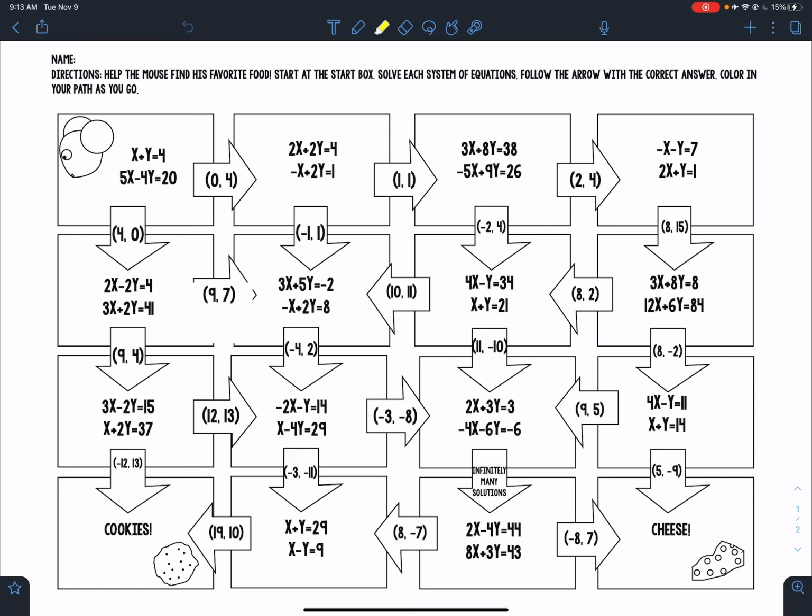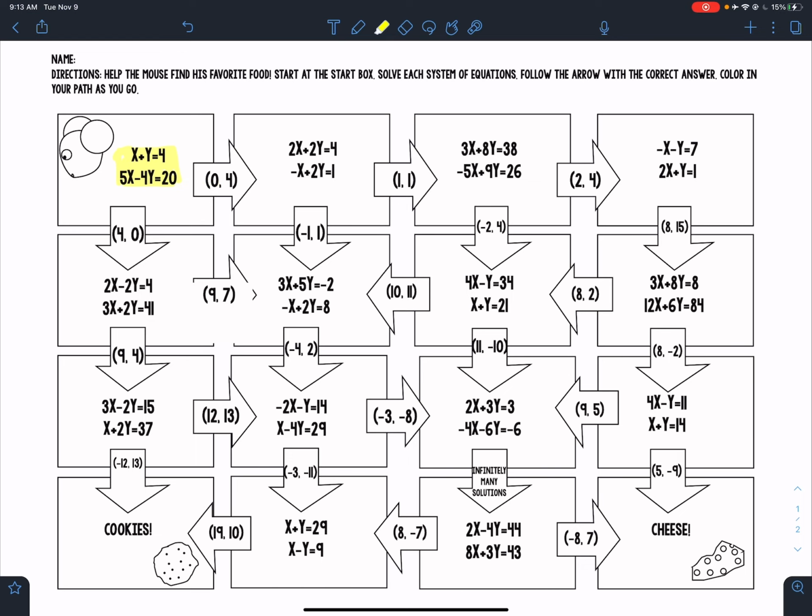Okay. So we are going to be looking for what the mouse's favorite food is, whether it's cheese or cookies. So we are going to be working with this equation here, and we are going to see if the solution is either 0, 4 or 4, 0.